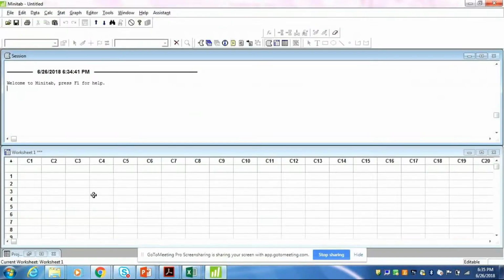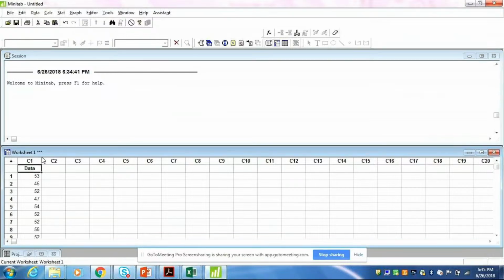Seems to work. Oh, yeah. Okay. So just copy paste the data in cell C1. Yep.